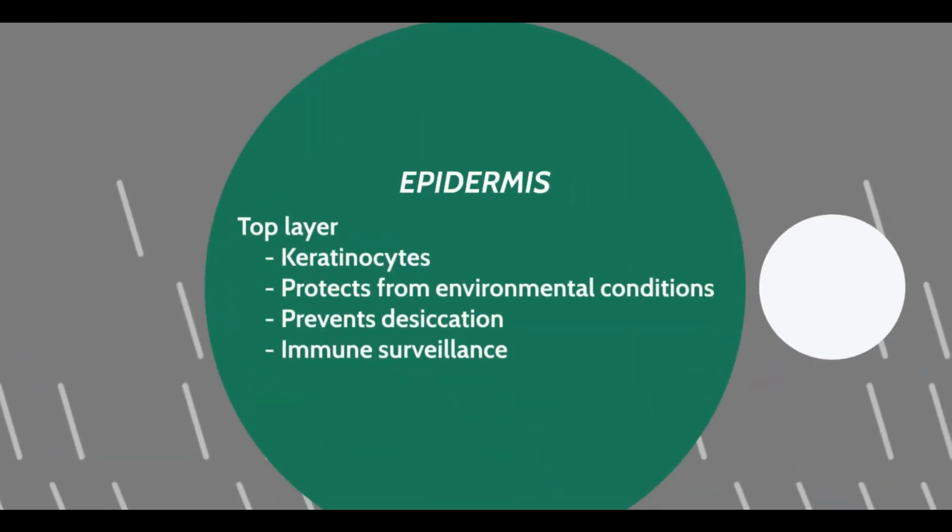So the epidermis, we have 4 primary layers, as I discussed earlier, but the outermost layer is the epidermis. Let's talk about what the epidermis does for you. It holds keratinocytes. So what do those do?